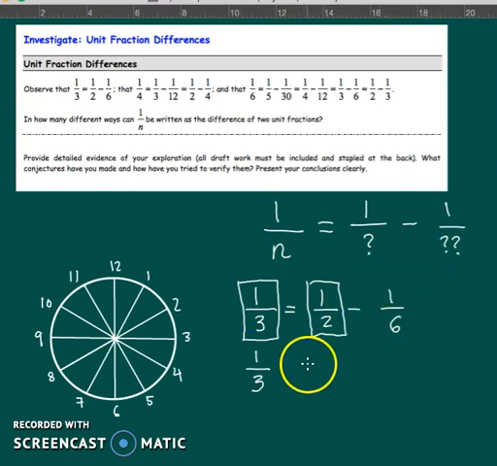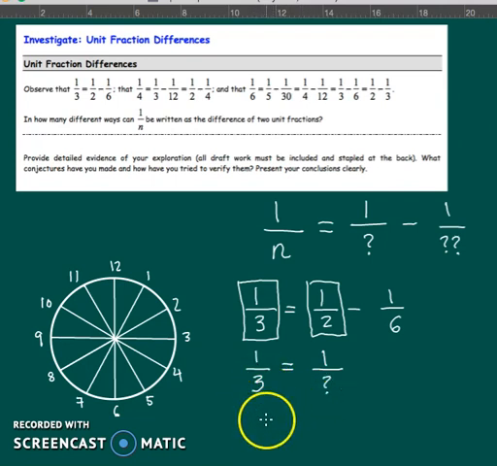But most importantly, we know that the number we're subtracting from has a denominator that is smaller than the 3, the n that we're trying to find.